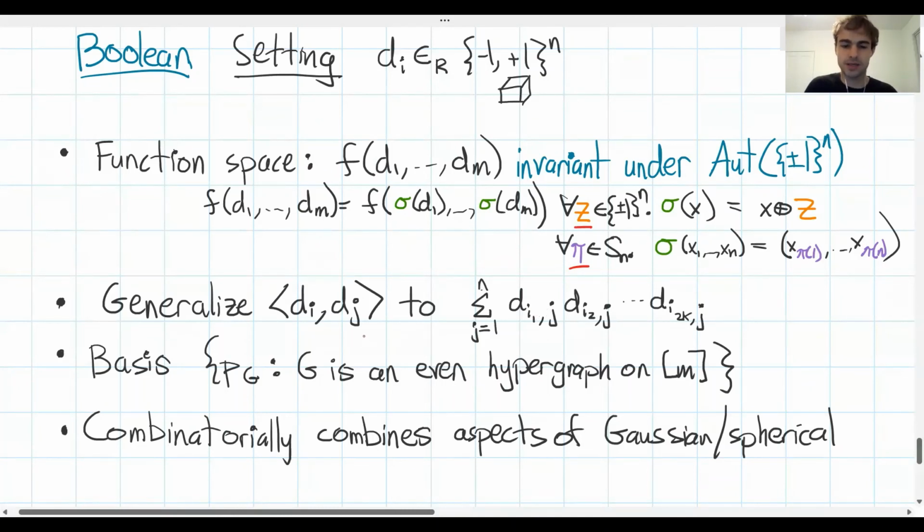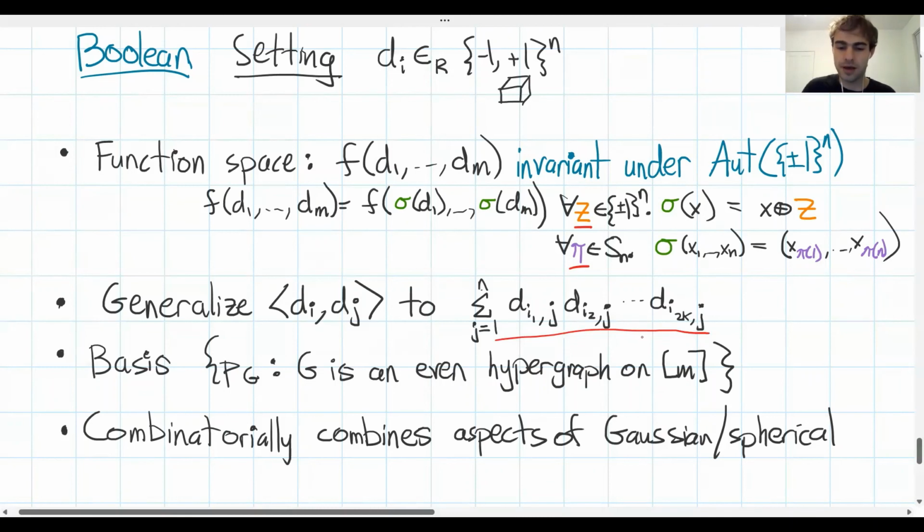Then one should ask, in the spherical and Gaussian settings, we knew what the non-orthogonal basis was formed by. It was formed by inner product expressions. What's a basis for functions of this type anyway? A basis for functions of this type comes from generalizing inner products to expressions of this form.